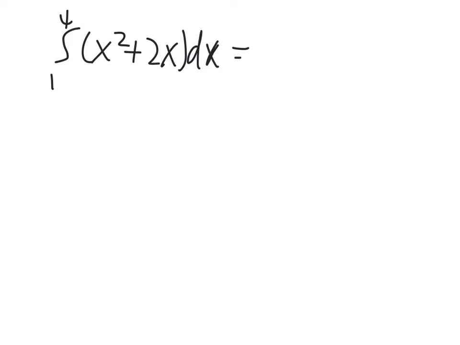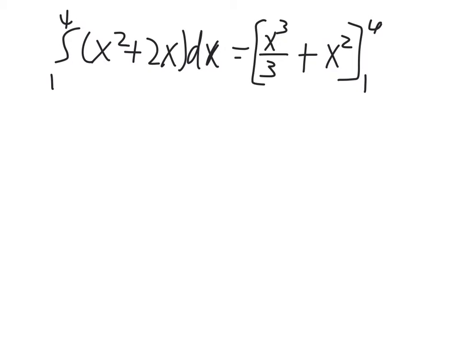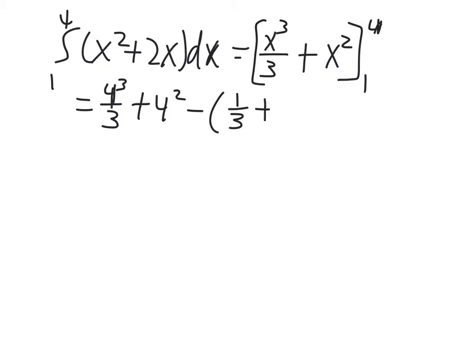Well, to integrate this, antiderivative of x squared, antiderivative of 2x. Now you could say 2 times x squared over 2, but ultimately that simplifies to x squared. From 1 to 4, and we get, oops, not 1/3, 4 cubed over 3 plus 4 squared, minus the quantity 1/3 plus 1.